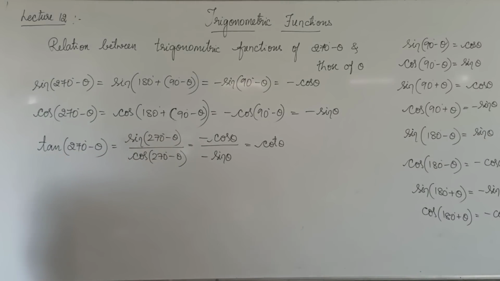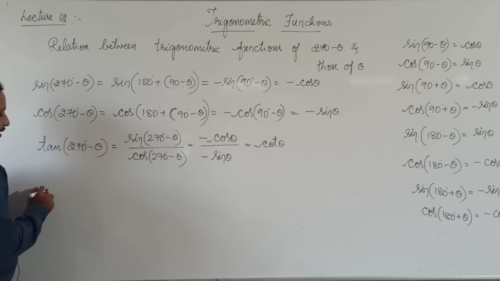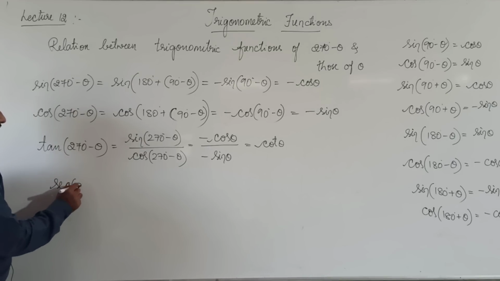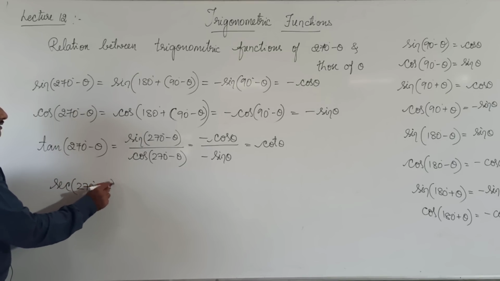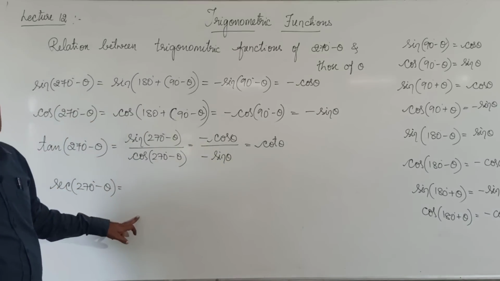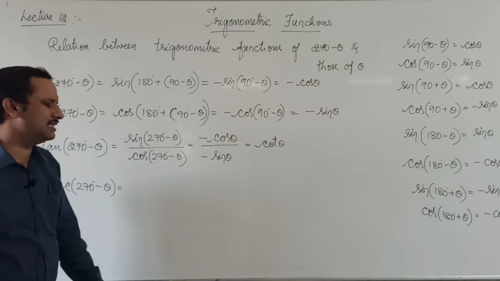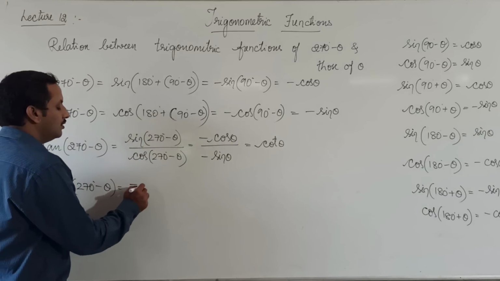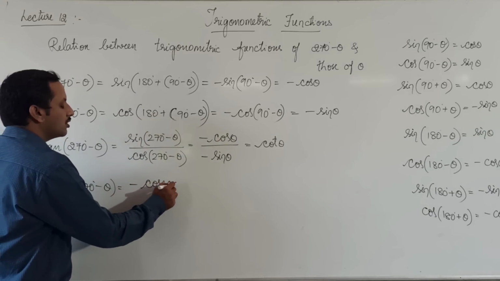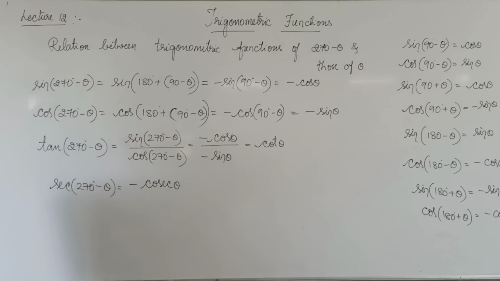Now with the help of this, we can write secant 270 minus theta. Secant 270 minus theta is equal to 1 by cos 270 minus theta, that is minus 1 by minus sin theta, hm, which will give you minus cosecant theta. Secant 270 minus theta is equal to minus cosecant theta.